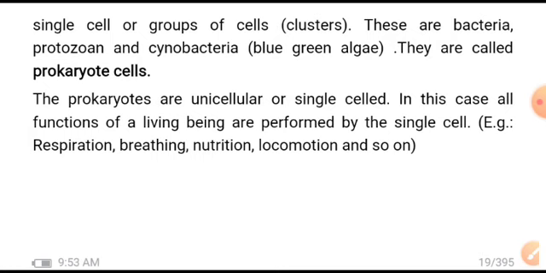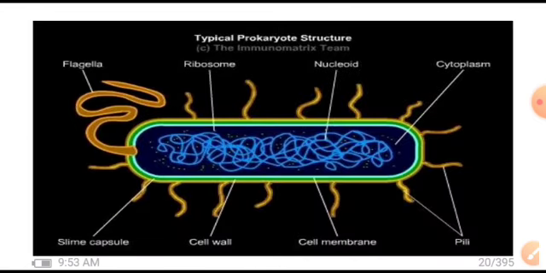So those different characteristics that we have seen in the last session for the prokaryotic cells are likely to be performed by a single cell. This is the feature of the prokaryotes.